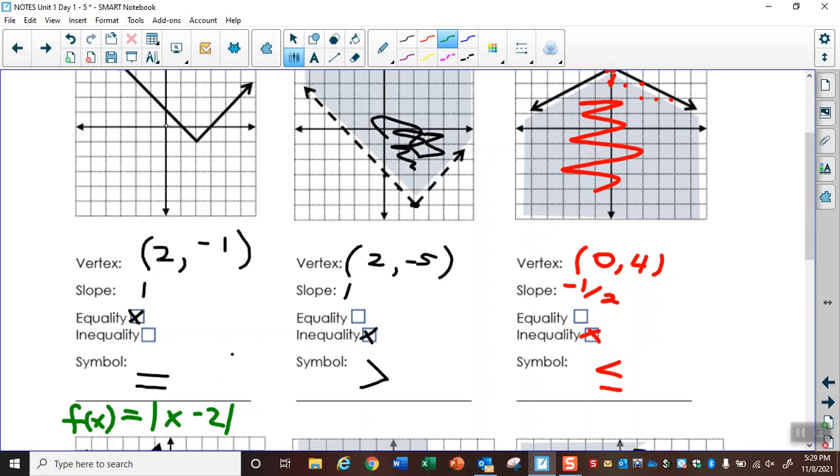I went from here to the right 2 and down 1, so that will be a minus 1 here.